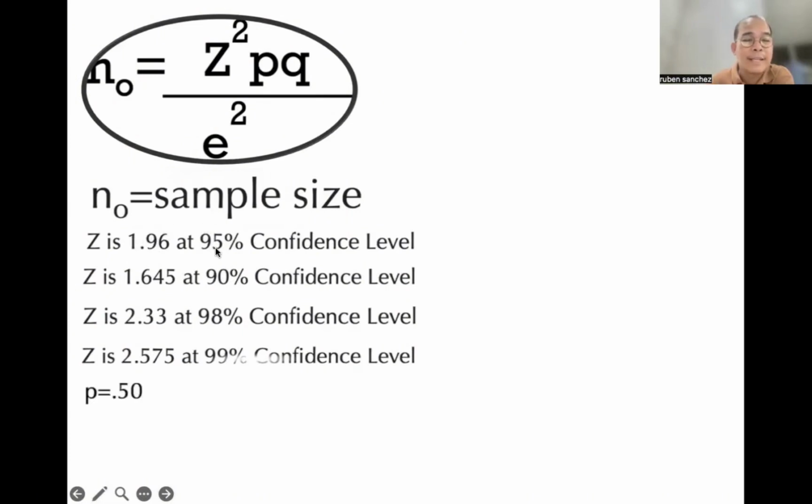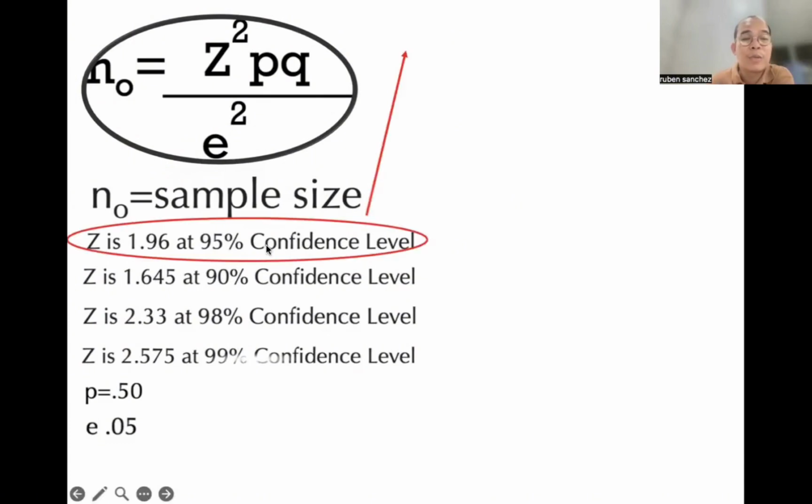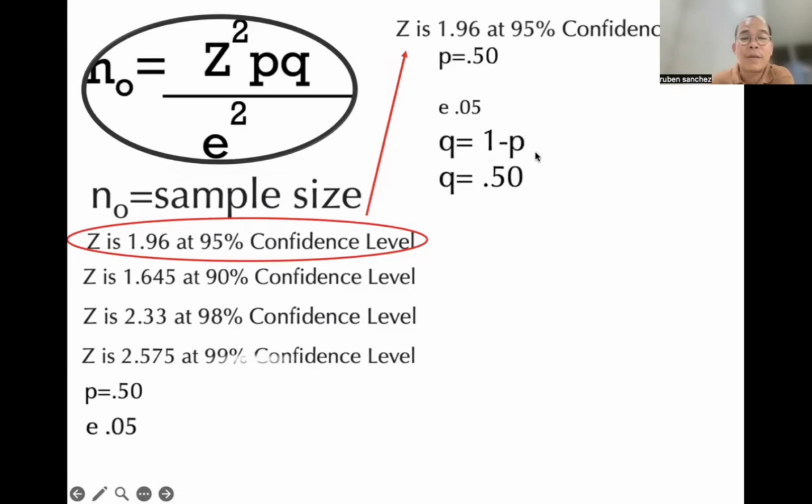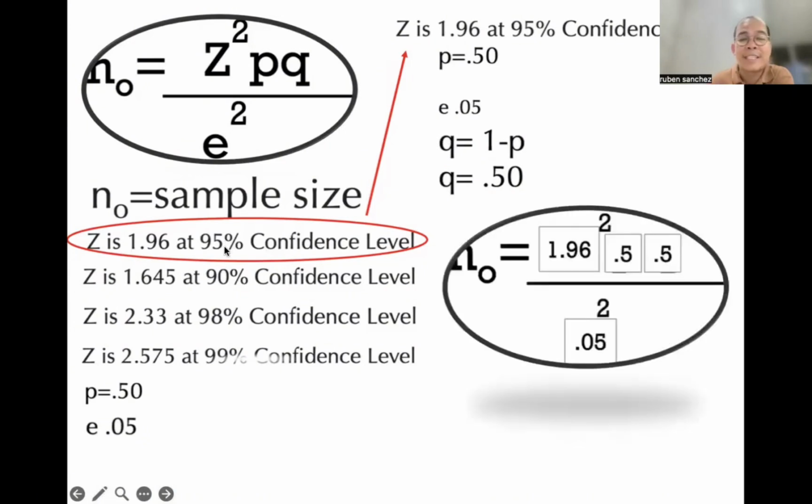In our example, p, the estimated proportion, is 0.5 and the margin of error is 5%, which is 0.05. So what would be the value of q? The value of q is 1 minus p. Our p is 0.5, therefore q is 0.5. So our Z, as I mentioned, is 1.96 because the confidence level is 95%.